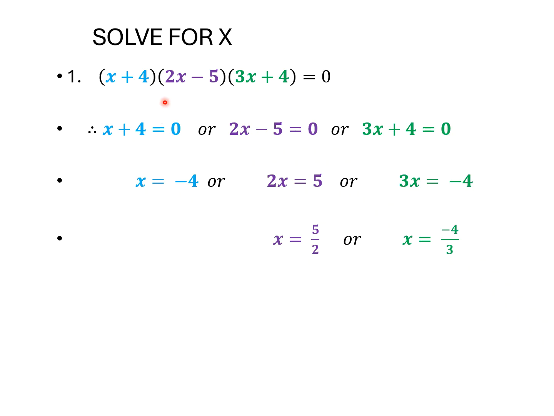This is due to the fact that if I make this 0, 0 times anything stays 0. If I make that 0, 0 times anything else stays 0. So therefore I can make each bracket 0 to get to 0. If I take plus 4 over, x equals negative 4. Here if I take negative 5 over, it becomes positive 5.